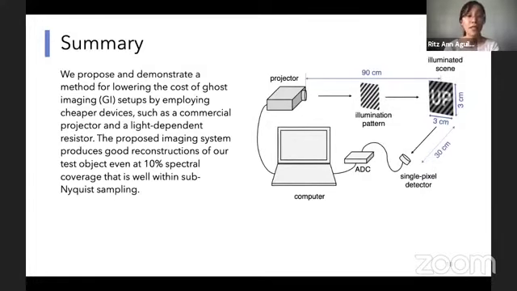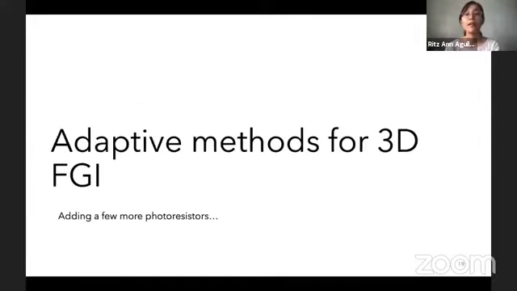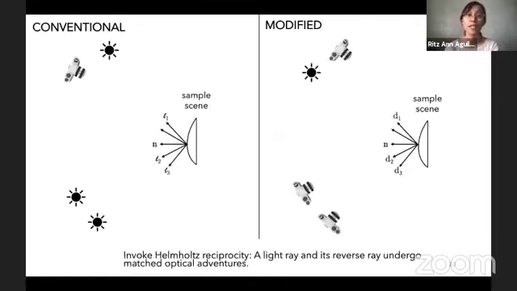The proposed imaging system produces good reconstructions of the test object even at 10% spectral coverage, which is well below Nyquist sampling. For the other part of my talk, it's just a simple extension of the 2D ghost imaging. If you add a few more resistors, you can do 3D computational ghost imaging.